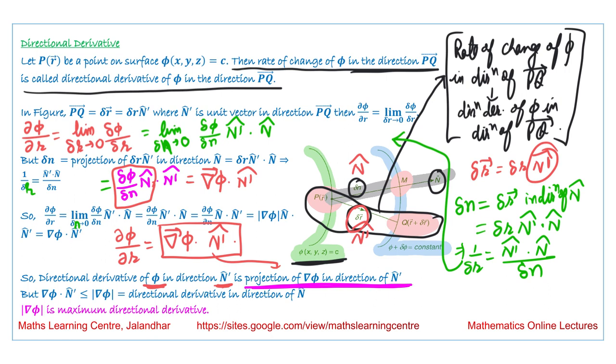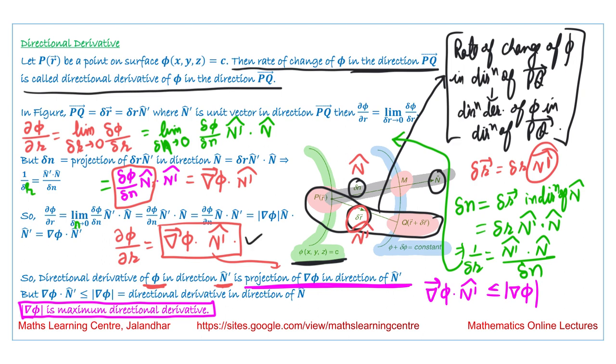But what we have is that del vector phi dot n dash cap is always less than or equal to the modulus of del phi, the magnitude of the gradient of phi. So the magnitude of the gradient of phi gives us the maximum directional derivative. So we have obtained two things from this derivation.